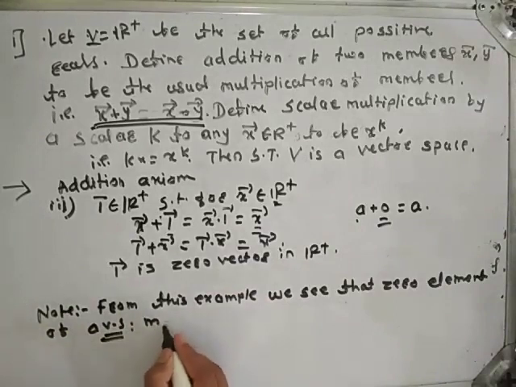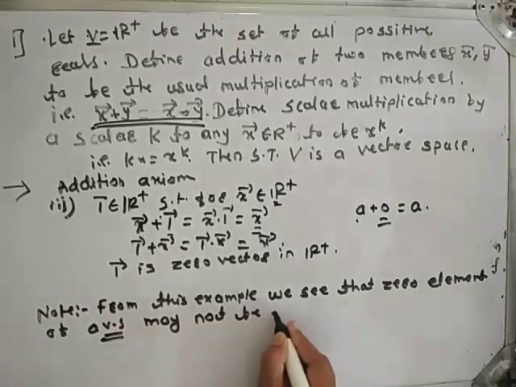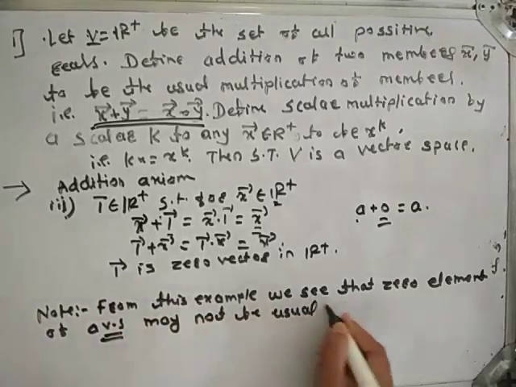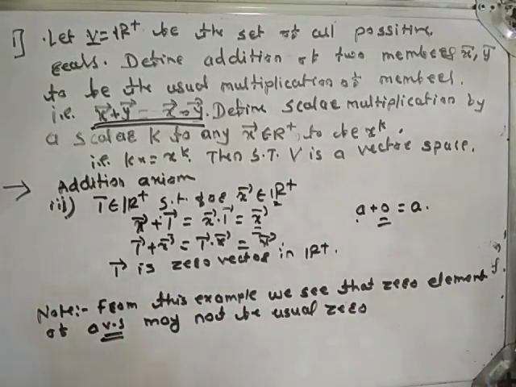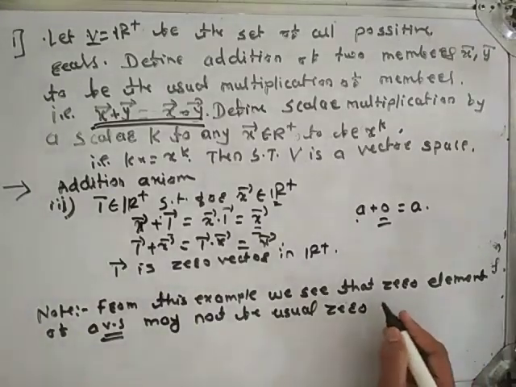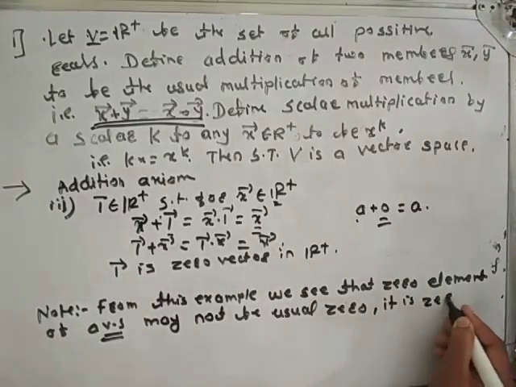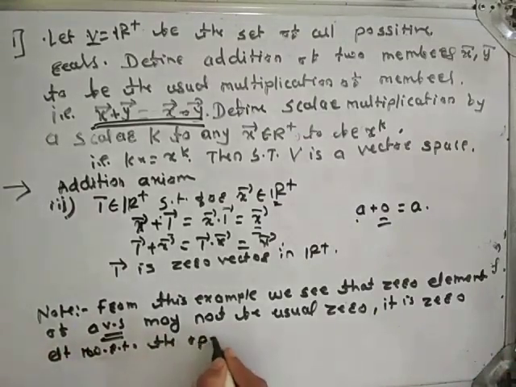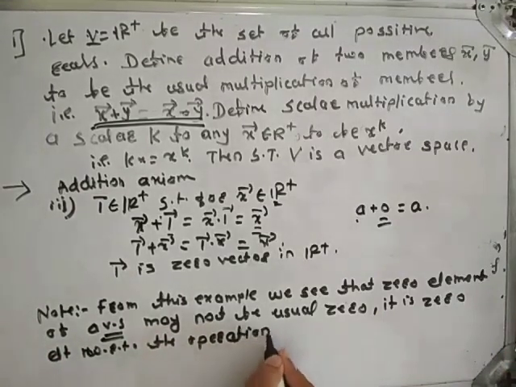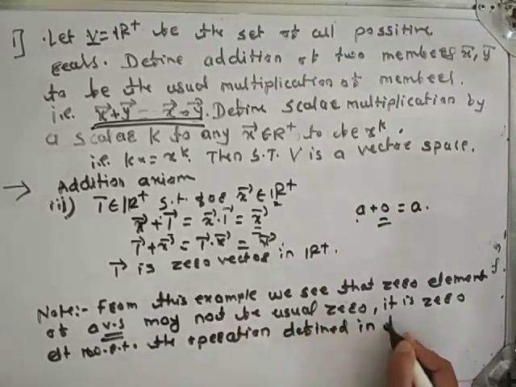Vector space may not be the usual 0. Zero element means not a 0. Keep in mind that it is a 0 element with respect to the operation defined in the set.